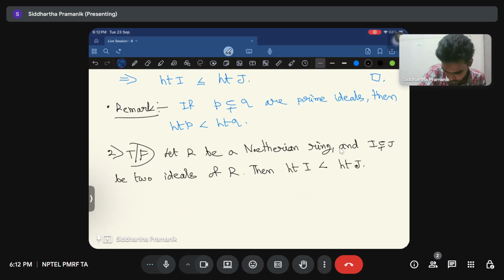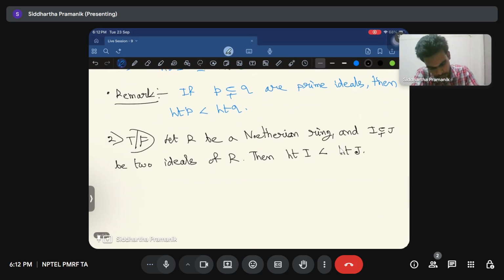That we have to check. So if I and J are prime ideals, then it has to be strictly less. That we have put as a remark. But what about general ideals?